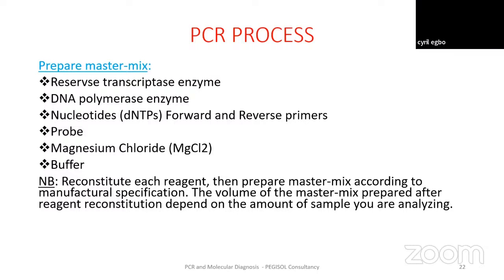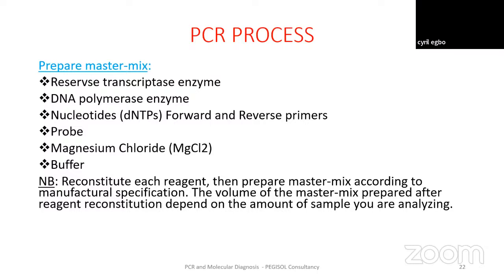So what you need to do is to reconstitute. This master mix comes in a pack. It's a reagent too. It comes in a pack, but you have to reconstitute them, prepare them, because there is a procedure or protocol that comes with the reagent that will tell you, okay, add so much volume of this reverse transcriptase enzyme so that you get the perfect volume for your PCR process.